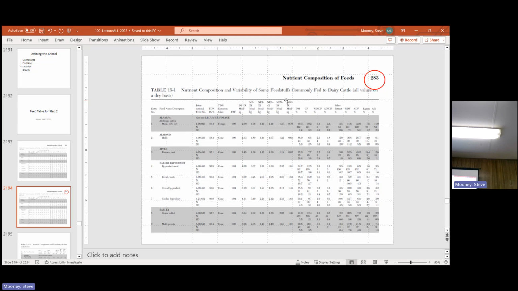Would I be correct in assuming that you, as a class, would prefer to use pounds and not kilograms? So we need to know how to convert and make some adjustments. Does everybody know how to convert back and forth between pounds and kilograms?